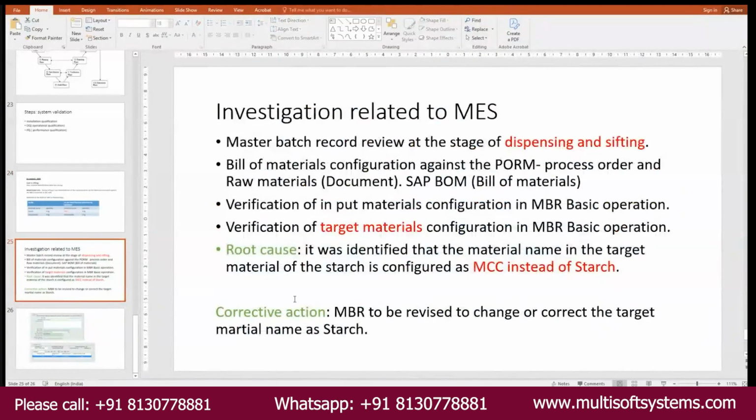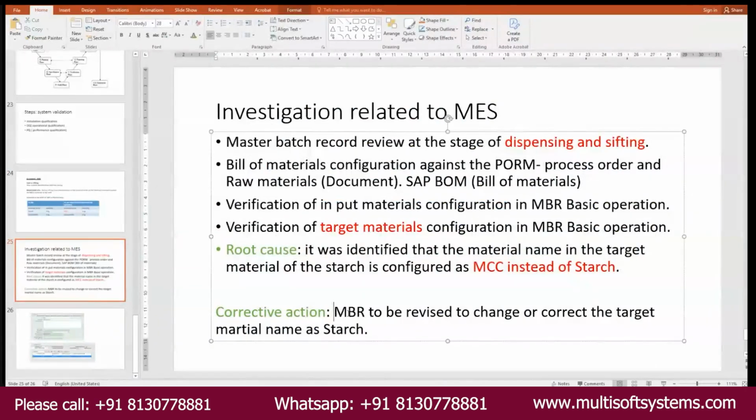So what is the corrective action I have given? The MBR should be revised to change it.